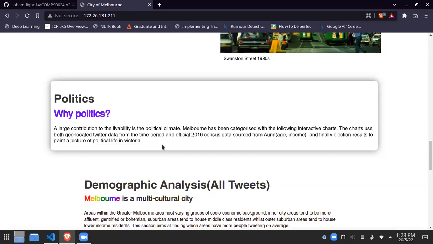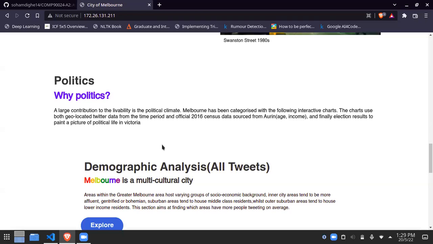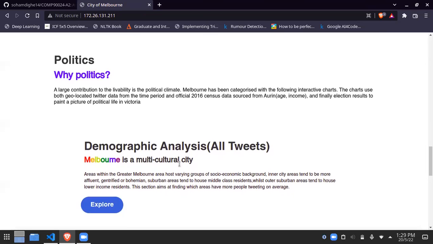So when we have used the field data, we have done a few analyses. The first one is our demographic analysis. It's said that Melbourne is a multicultural city, and in this, we have considered all tweets.